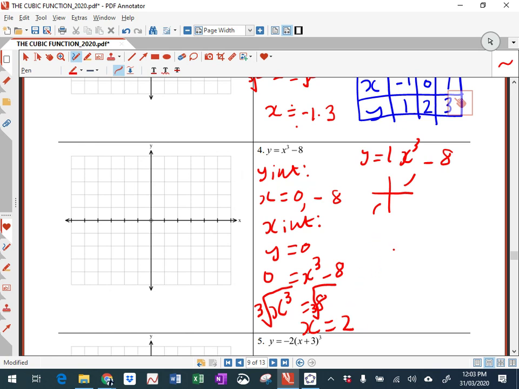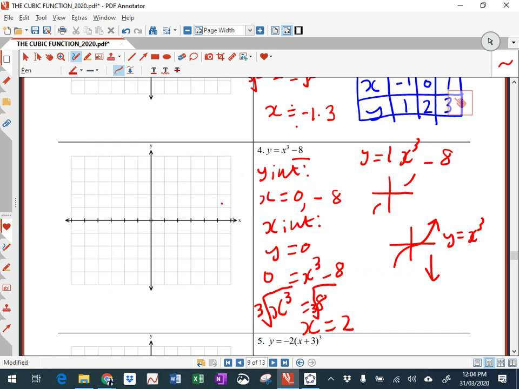You could also do a little table of values, but let's think about what this really is. We know what the basic cubic function looks like. It's like this. That's y equals x cubed. So what is this -8 doing? It's moving this basic function down 8 units.